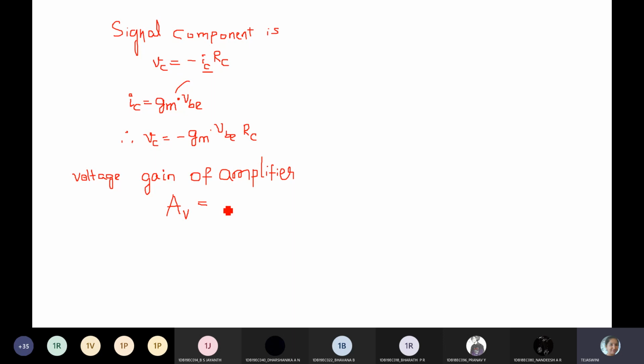AV is equal to, as I told you, output voltage by input voltage. What is the output voltage in this common emitter configuration? VC, because we are giving input to the base and taking the output from the collector terminal. Output voltage is the collector voltage, input voltage is the base voltage with respect to emitter.